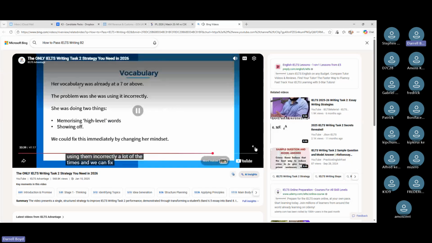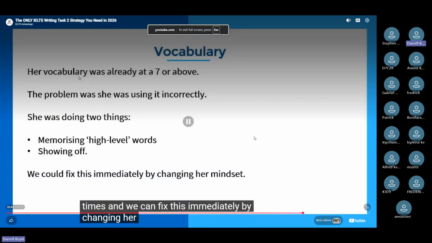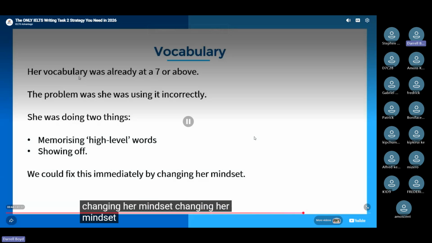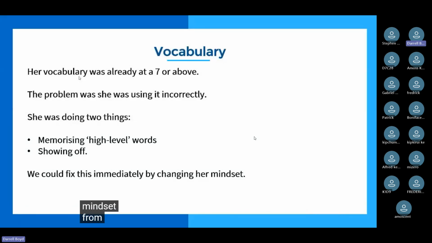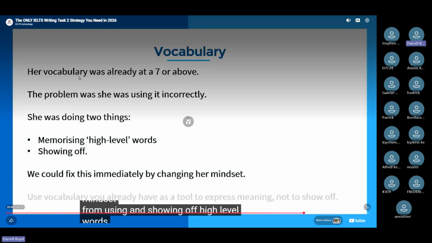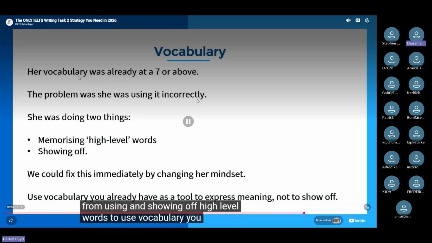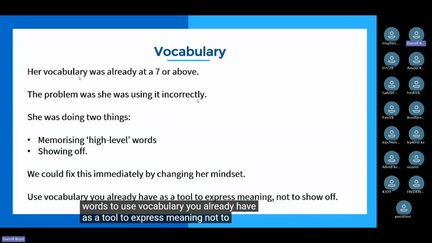And we can fix this immediately by changing her mindset, from using and showing off high level words to use vocabulary you already have as a tool to express meaning, not to show off. So we looked at her vocabulary and said, your vocabulary is actually pretty good. You're making way too many mistakes, but you're making mistakes because you're pushing too hard.